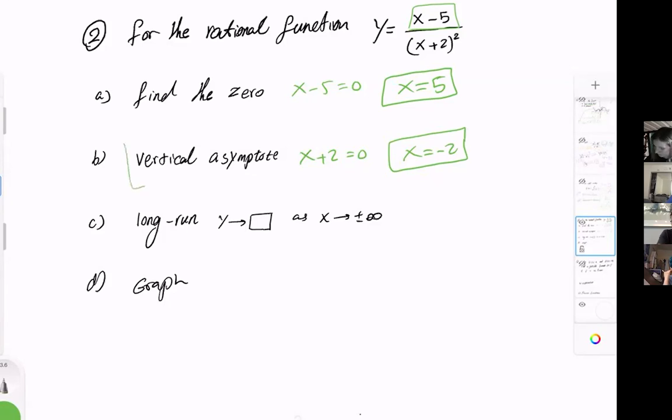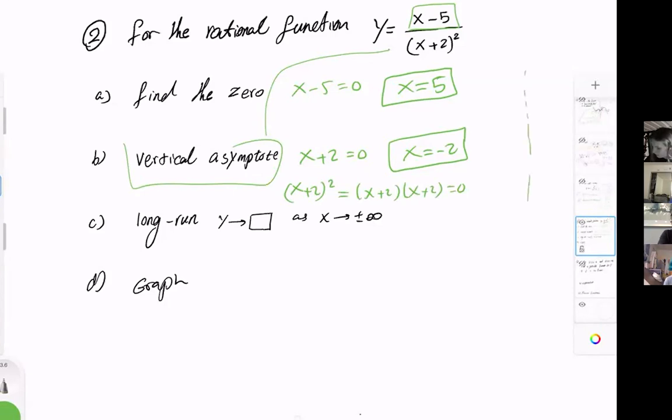So again, the vertical asymptote comes from the denominator. That means x plus 2 squared, which is the same as x plus 2 times x plus 2 equals 0. They're exactly the same, so there is no multiplicity issue. At negative 2, we have a vertical asymptote.